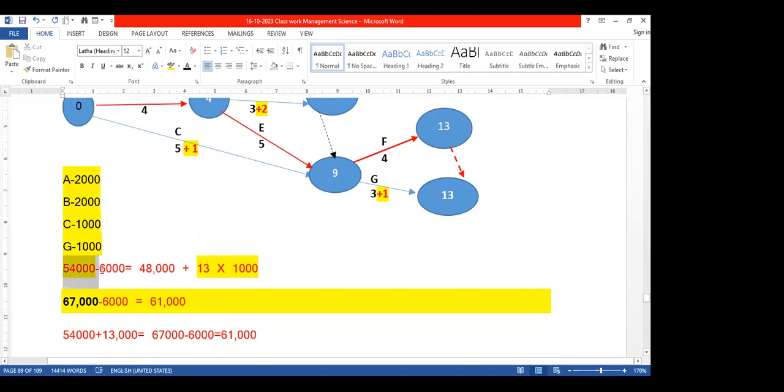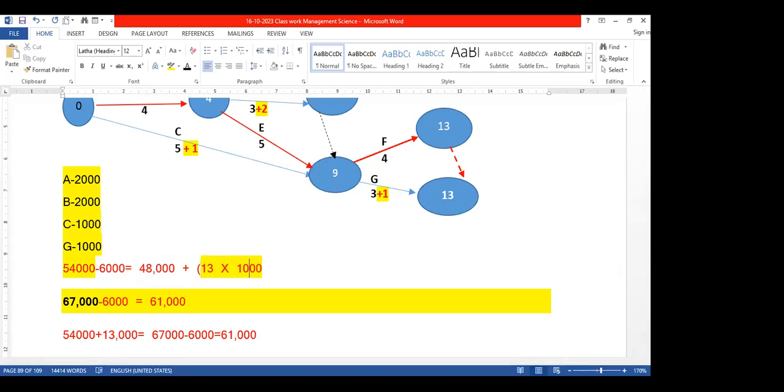So from this 54 we have to minus 6,000, because this 6,000 is unnecessary increase in cost. After reducing this 6,000, it becomes 48,000. 54,000 minus 6,000 becomes 48,000. Plus indirect cost or site cost or fixed cost, we also have to add, 13 into 1,000.